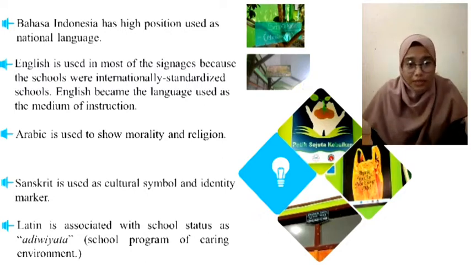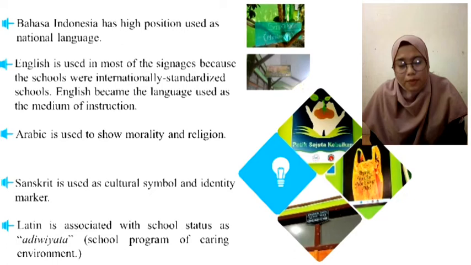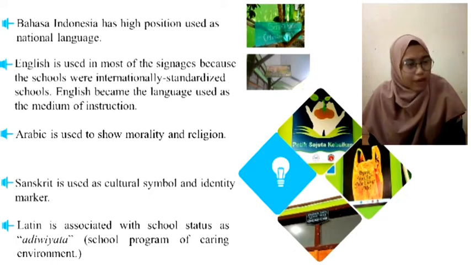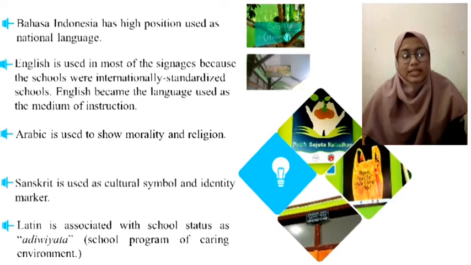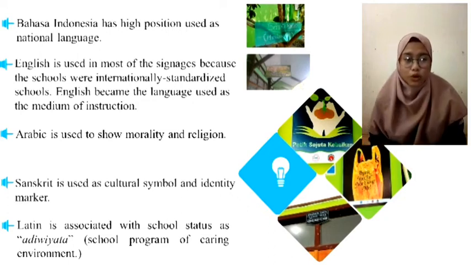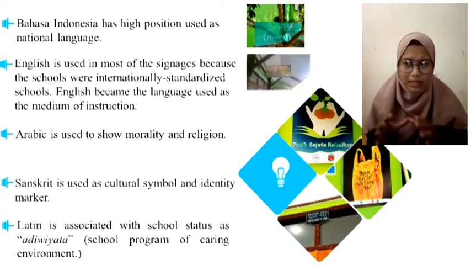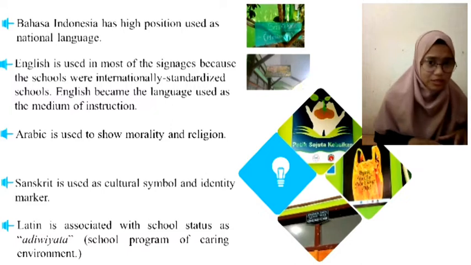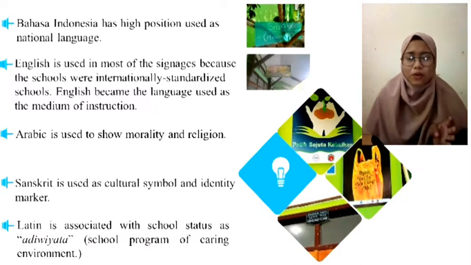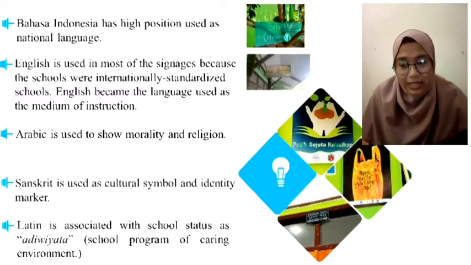And the third is Arabic. Arabic is used to show morality and religion, for instance in S2 or Situbondo. Situbondo is also known as Kota Santri, which means the city of Islamic students. Fourth is Sanskrit.